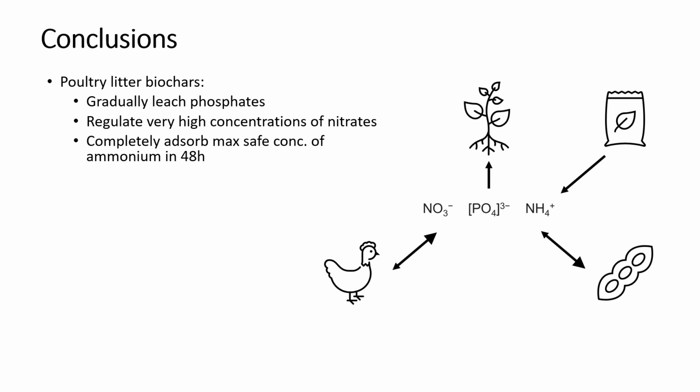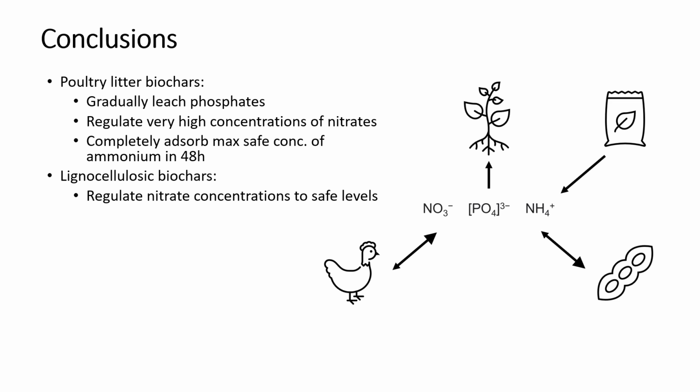They leach some nitrates, but when the concentrations get very high, about 70% higher than the maximum safe concentration in the environment, they can bring the concentration of nitrates back down to that maximum safe level. We also saw that they completely adsorb the maximum safe concentration of ammonium within just 48 hours. We also saw that lignocellulosic biochars were able to regulate nitrate concentrations down to below safe levels.